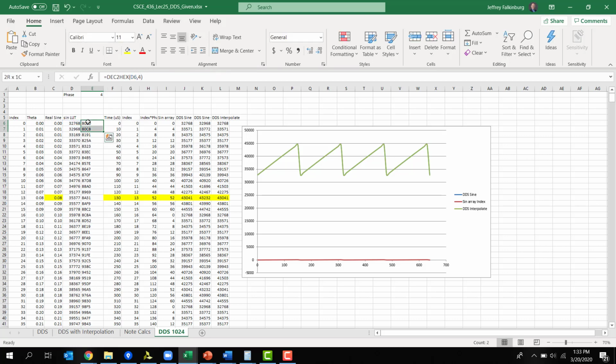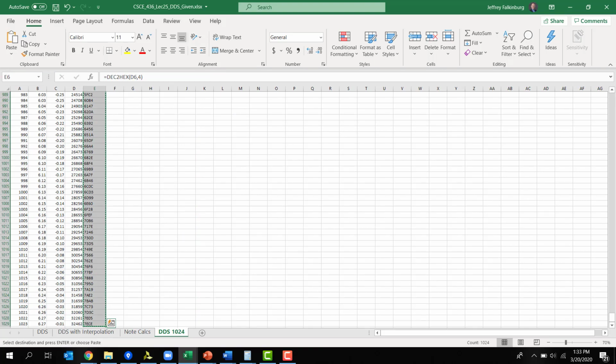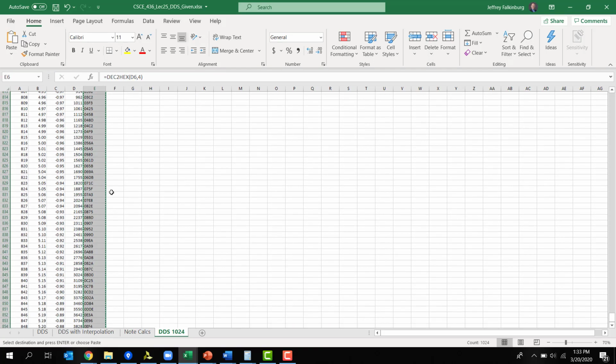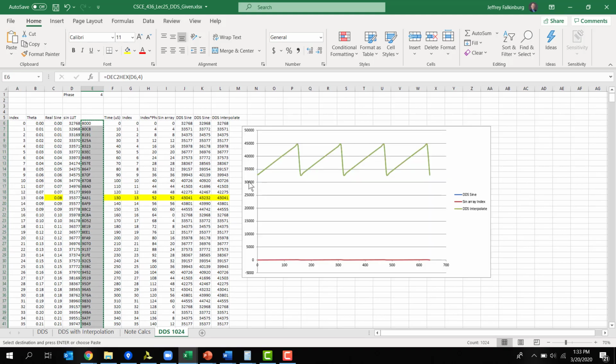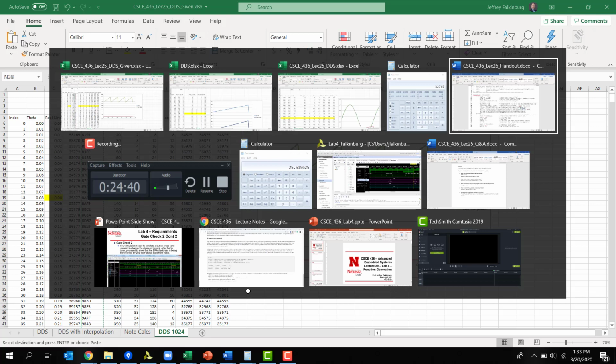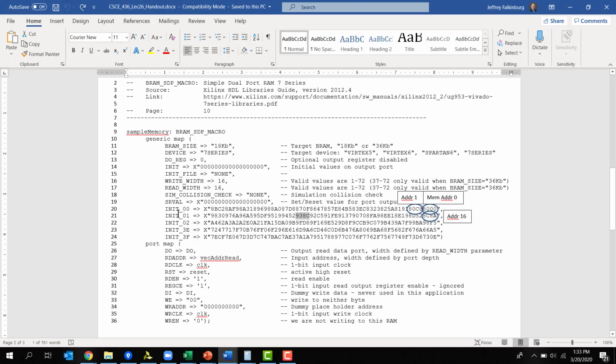Then I can take those values here and copy them, or you can actually do some concatenation functions where it takes some clever stuff in spreadsheets where you concatenate these in reverse order for 16 words, so 0 to 16, and concatenate them all together into the rows, so then you can just dump them into init 0.